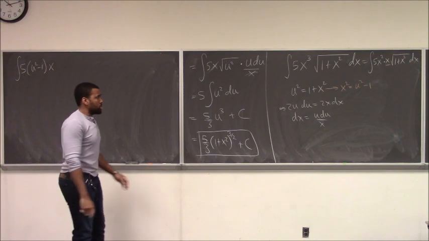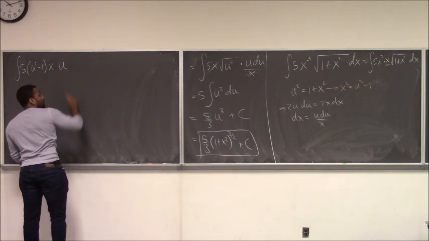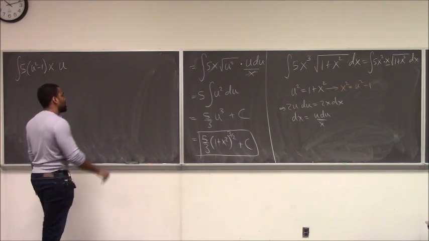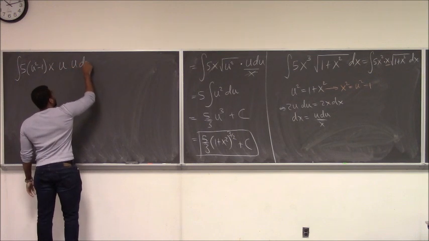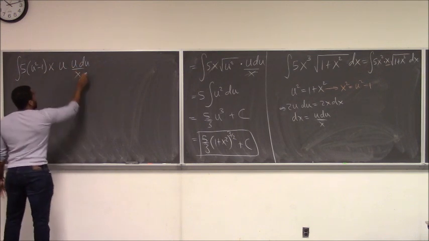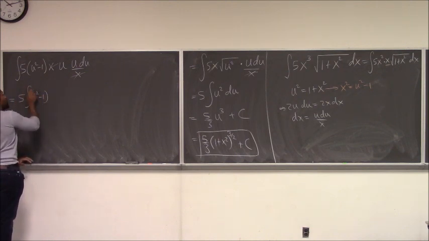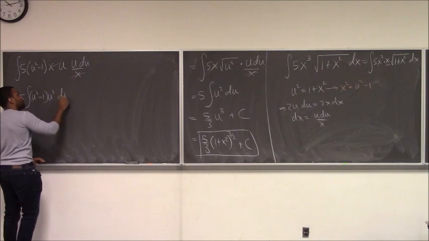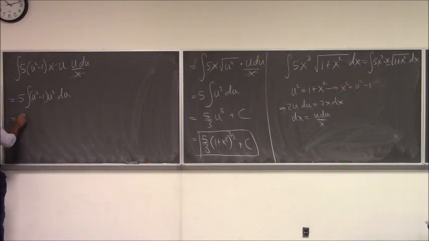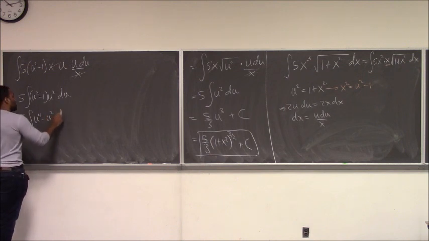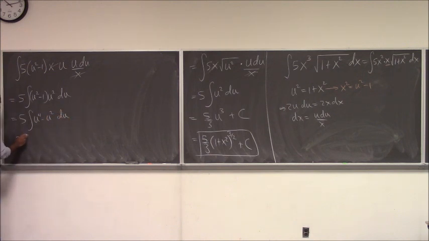The square root of 1 plus x squared will become u. And my dx will become u du over x. That x is going to cancel. And I'll actually have 5 times u squared minus 1 times u squared du, which is actually pretty easy. All you have to do is multiply out. And now you can do the power rule on each part.